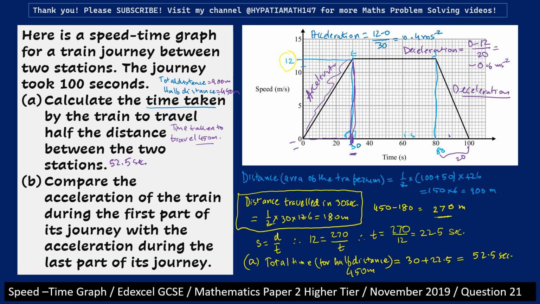So you see it is decelerating faster than it was accelerating. So we can write that it is decelerating faster than accelerating. And that's it really, that completes the question.